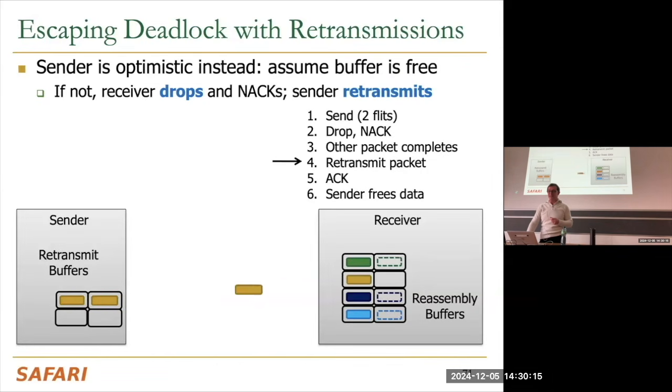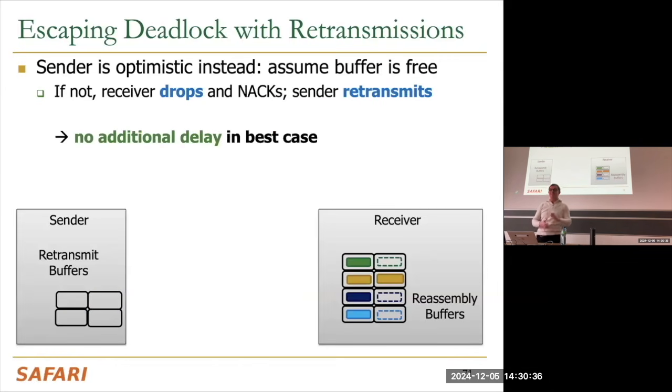And when it retries, hopefully it'll get the space, but it's not guaranteed. It could be retrying many, many times, right? So this is retrying without having any information about buffer availability. Okay, and then at some point it gets an ACK, meaning only after it gets the ACK can it deallocate these buffers. Right? Okay, sender frees the data.